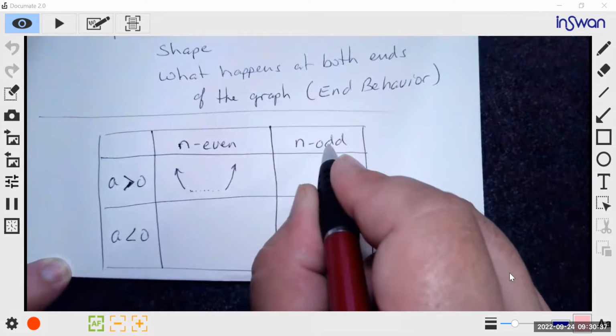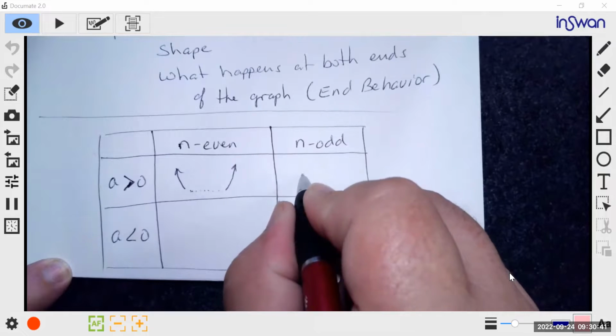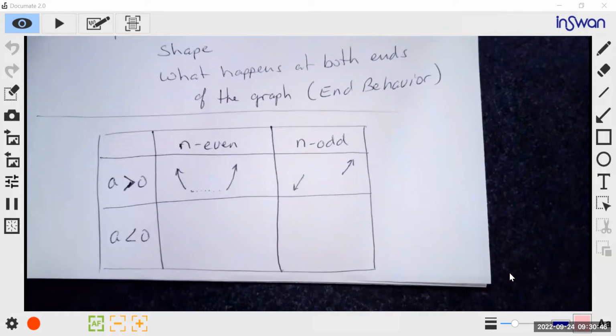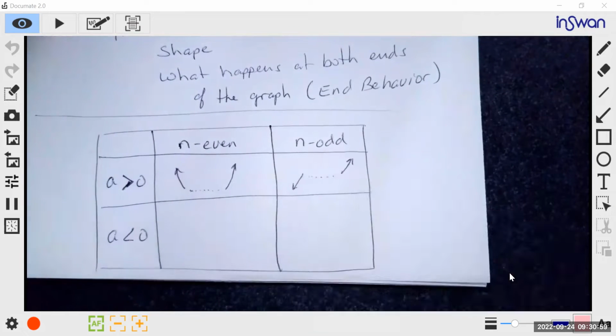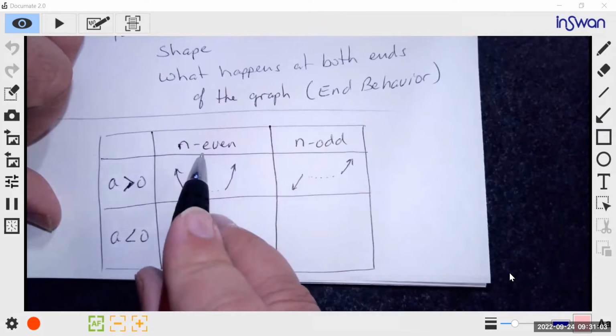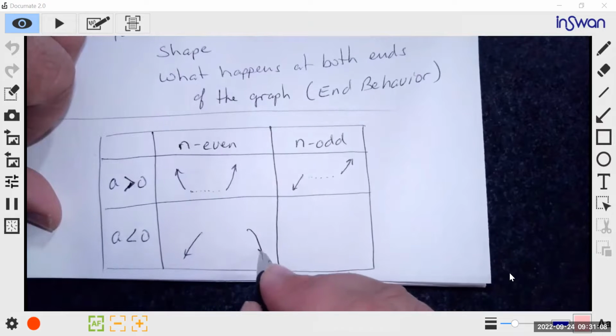If the degree is odd and a, the leading term, is positive, both ends point different directions. Again, we don't know what happens in the middle. If a is negative and n is even, both ends will point down.